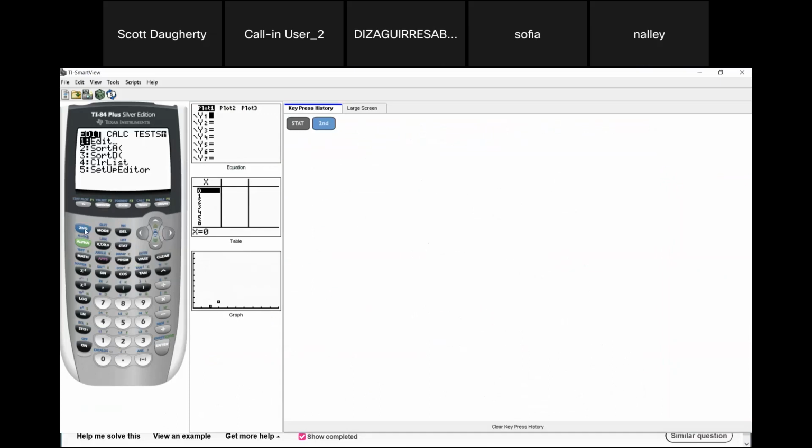So you have to press this blue button first, and then the VARS button, and it's actually the distribution button. It says DISTR on top. And when you do that, you'll get this menu here, and it has a list of all the different distributions that we're going to look at throughout the course.